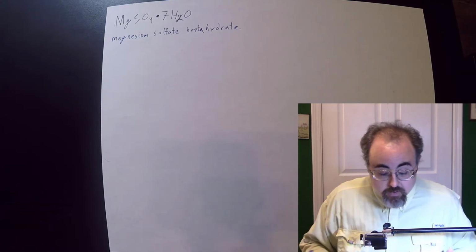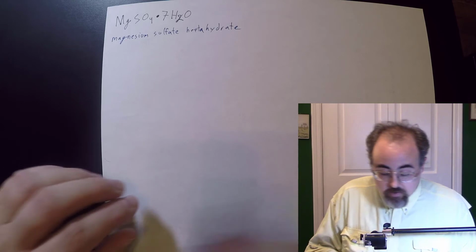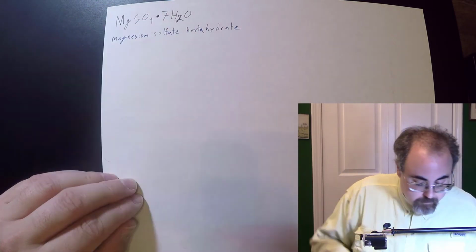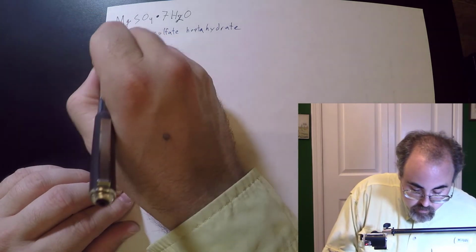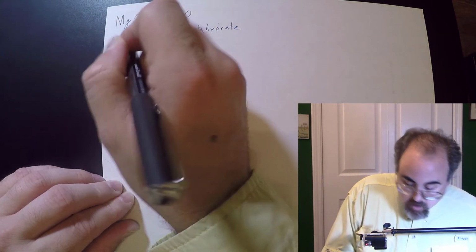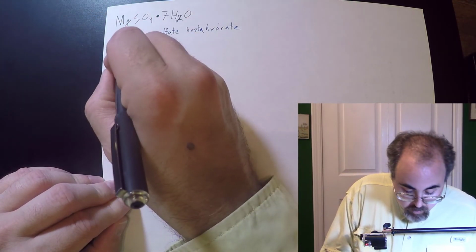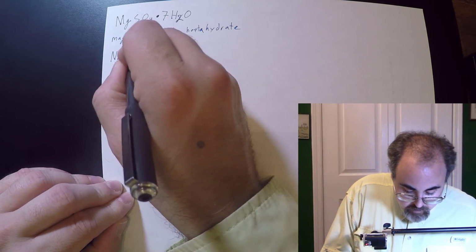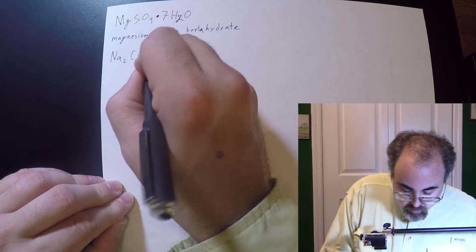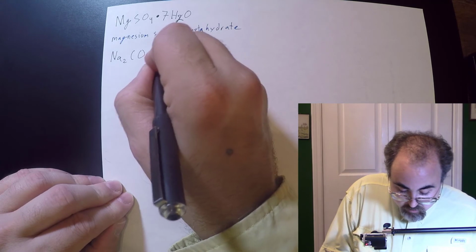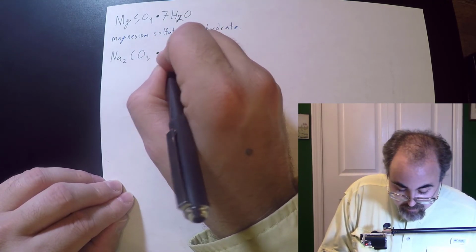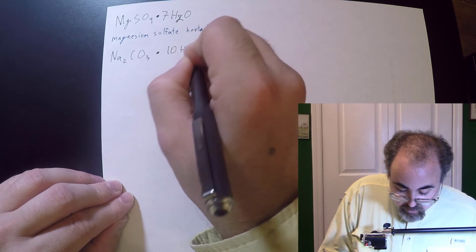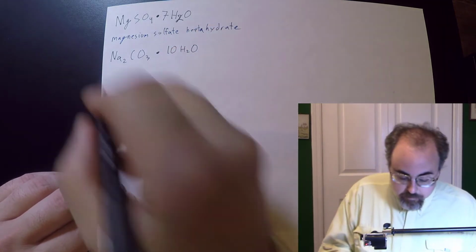Now, obviously different things can have different numbers of them. Let's look at a couple of them. So let's look at sodium carbonate, Na2CO3. And actually in this case, I can do this with 10 waters. And these are called waters of hydration.